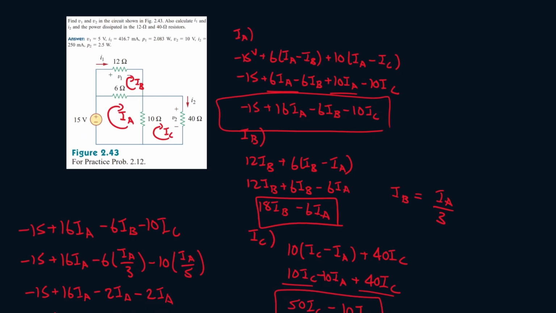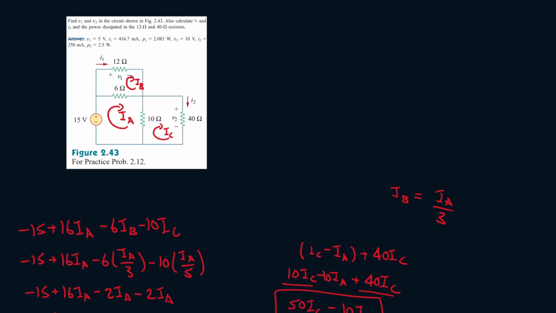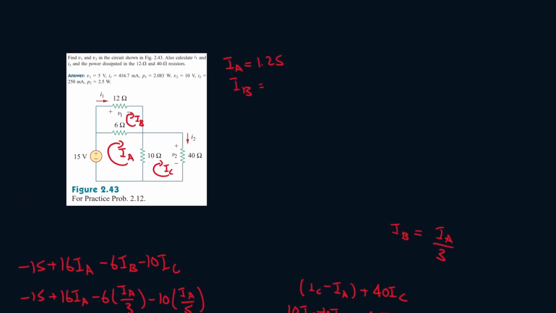So let me erase all of this. IA is 1.25. IB will be IA over 3, so it'll be 1.25 over 3, which is 0.4167.